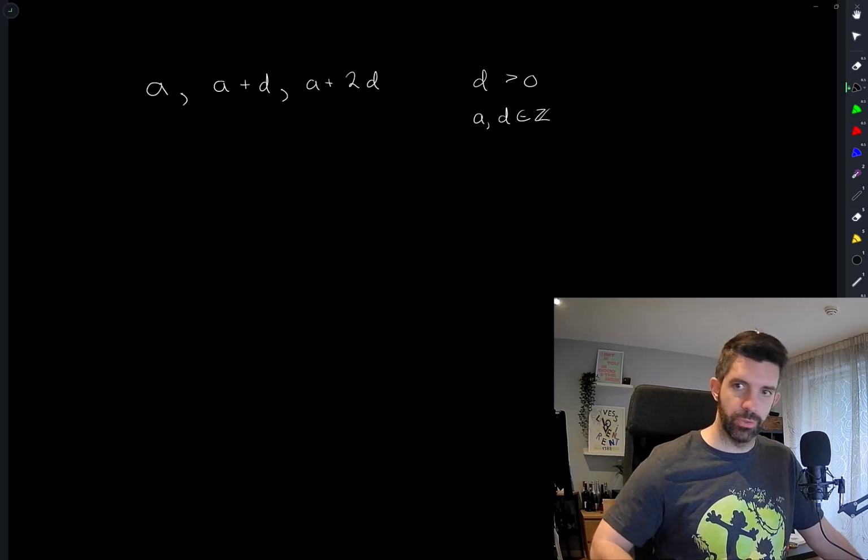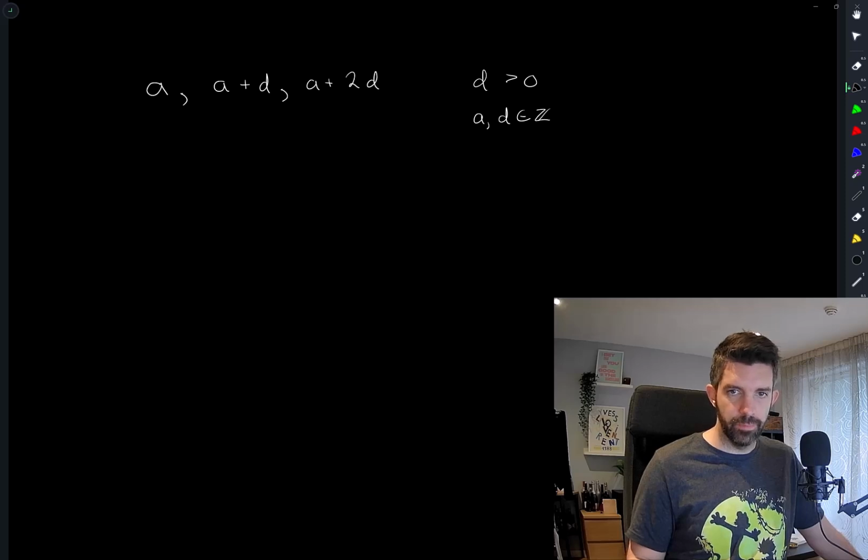And it's special if the sum of the squares of the three terms equals the product of the middle term and the square of the common difference.